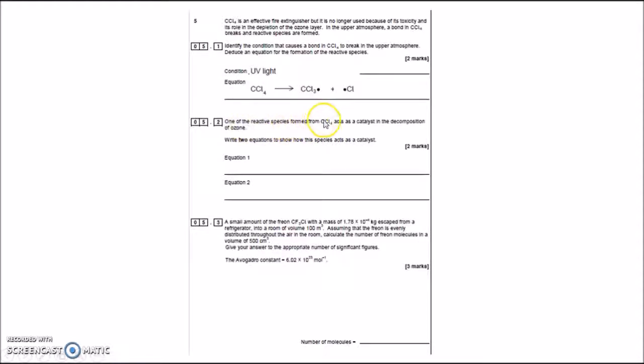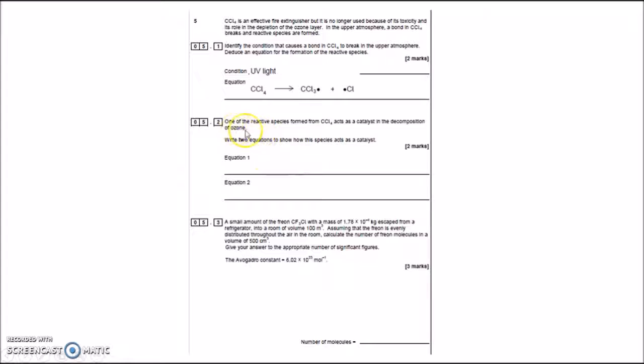One of the reactive species from CCl4, this one, acts as a catalyst. It means it's going to be reformed in the decomposition, that's the breakdown of ozone. Write the 2 equations to show how the species acts as a catalyst. Well, first of all, we need this, Cl dot, that's the reactive species, and it's going to break down ozone. Now ozone's O3.